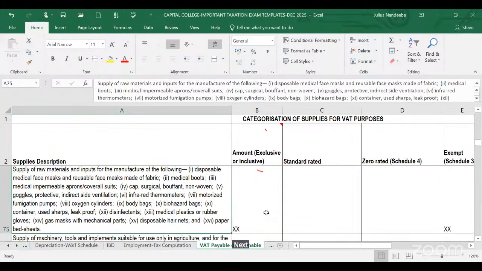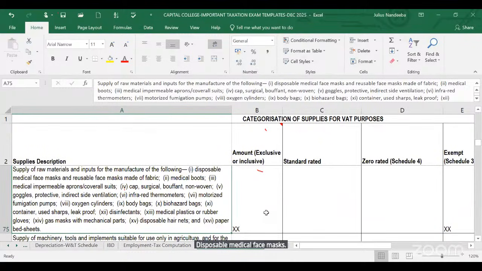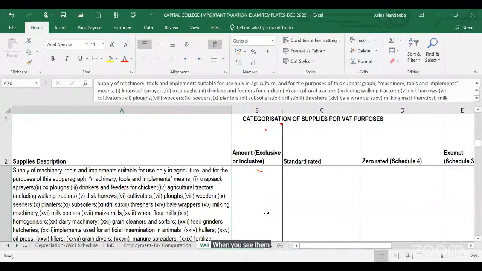Next one is supply of raw materials and inputs for manufacture of the following: disposable medical face masks, reusable, again, they are things of the hospital. When you see them, please see them. Then there are also what you call agricultural tools. Supply of machinery, tools and implements suitable for use only in agriculture.